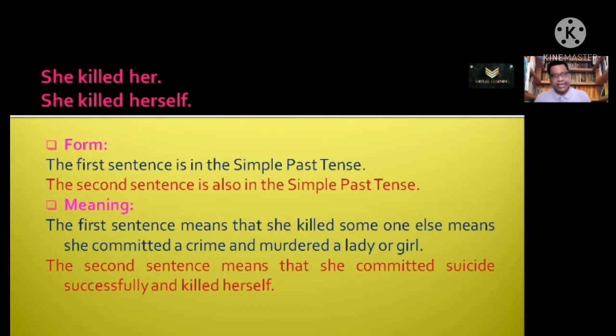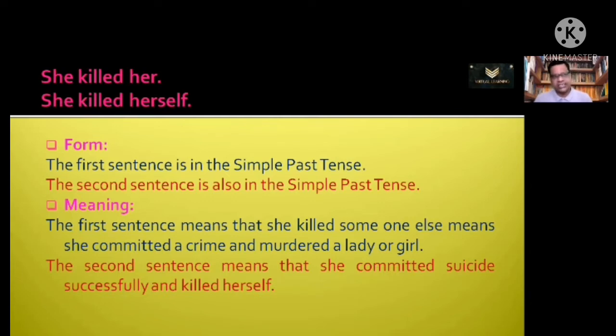She murdered a lady. And for the lady or a girl, the possessive pronoun HER has been used here in this sentence. So you have two different persons here. One is the doer of the action, that is the subject, she, and another is H-E-R, her, that is the object in the sentence. So action is done by she upon her. So here you have this sort of meaning.